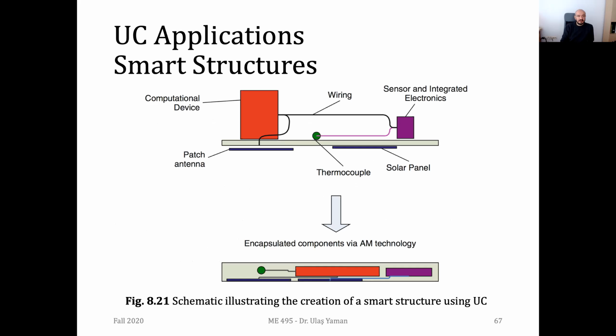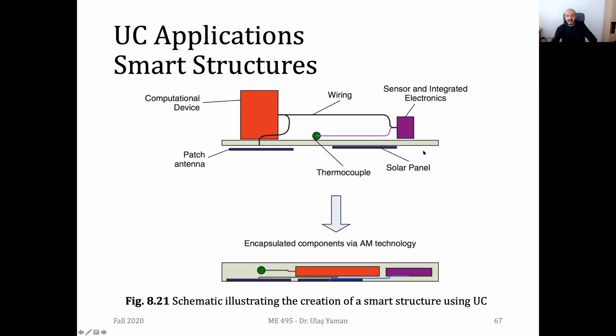We have an example for smart structures. You see, it's a very complicated product. We have a computational device. It's a processor. We have wiring. We have a sensor. This sensor is connected to the processor. We have an antenna underneath. And we have some thermocouple sensing the temperature. And for battery, for power, we have a solar panel underneath.